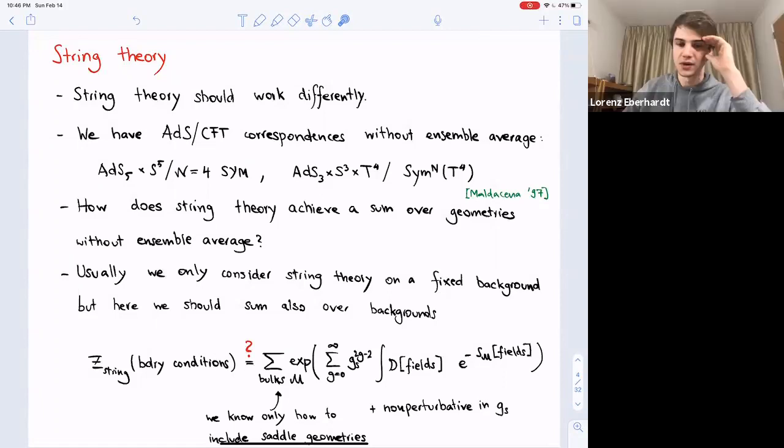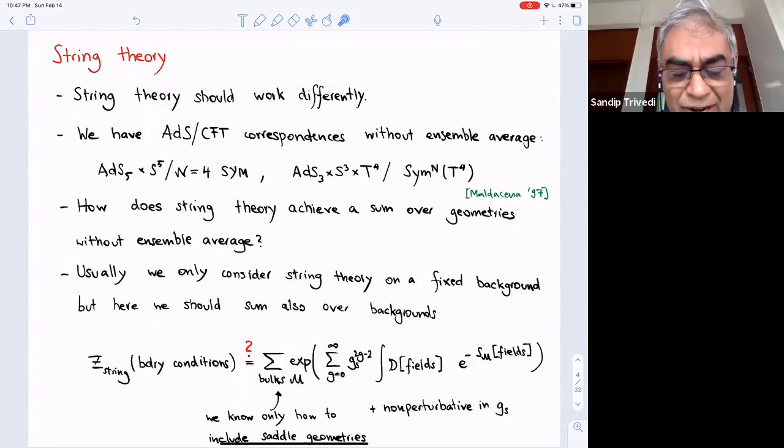Yeah, I agree. In c=1 string theory you have it very well under control. But if you give me AdS5 times S5, I would have, even in principle, no idea what I should do.